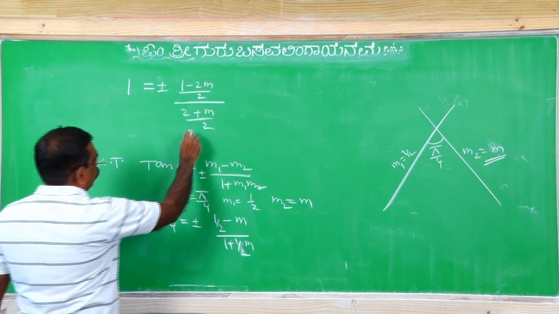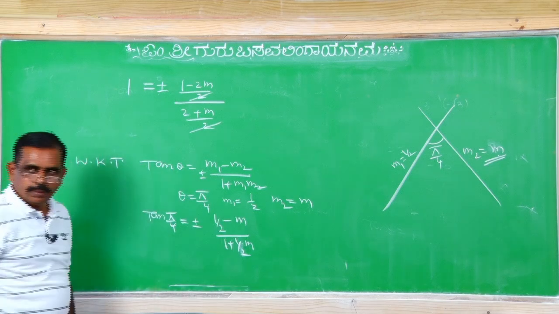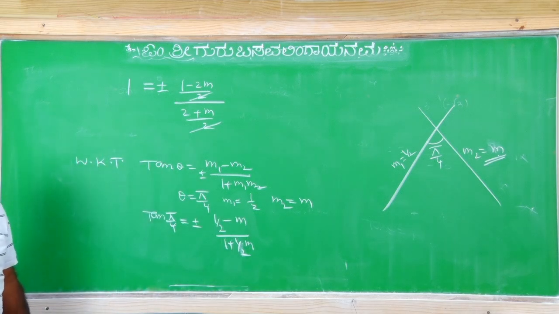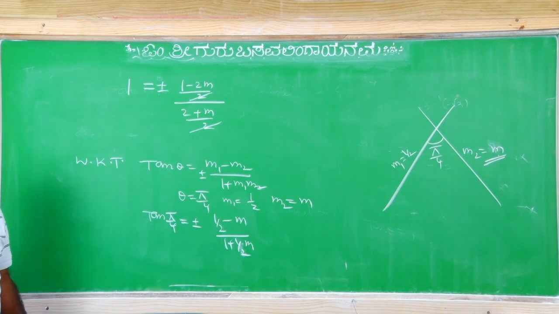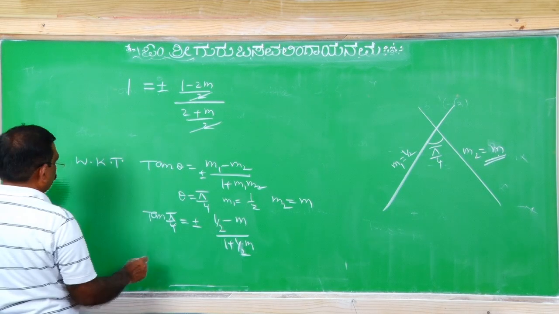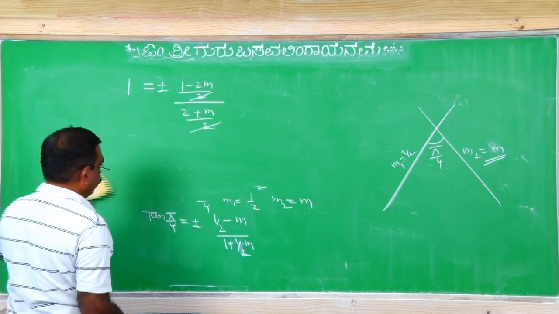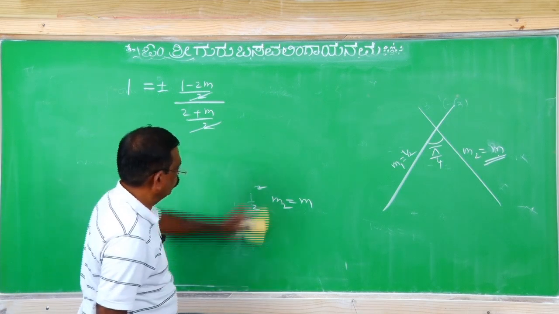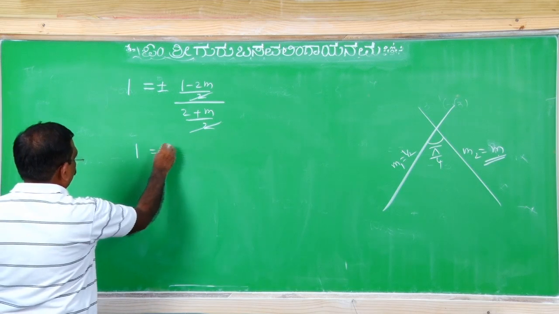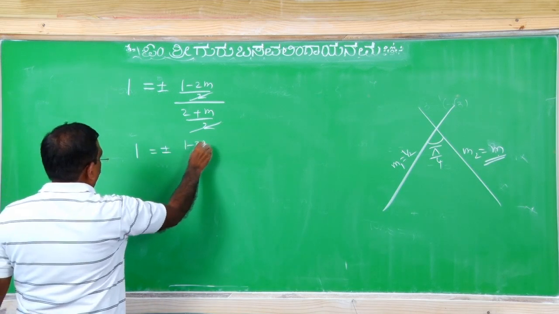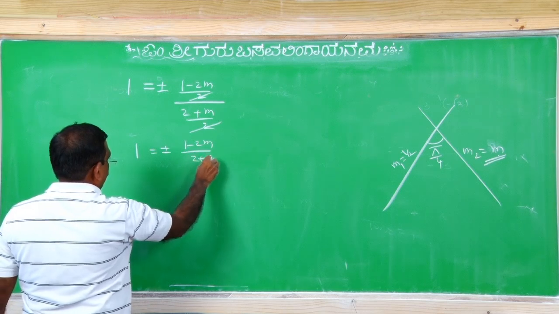The 2s cancel. Next, tell me next step. 1 is equal to plus or minus (1 minus 2m) by (2 plus m).